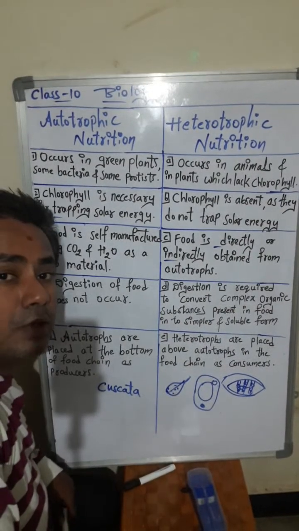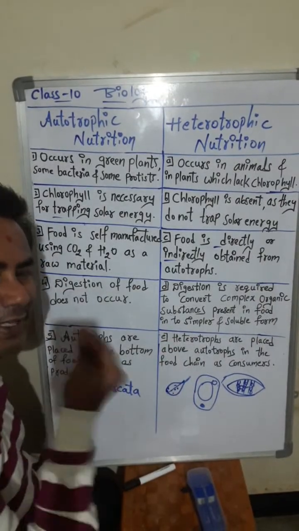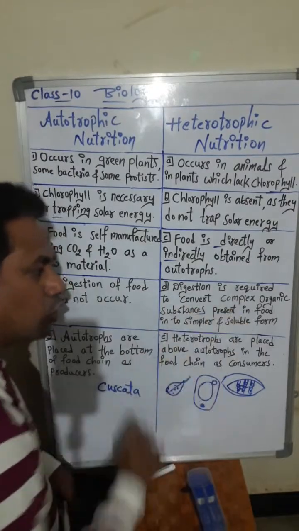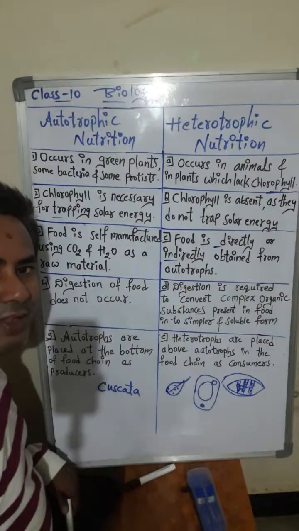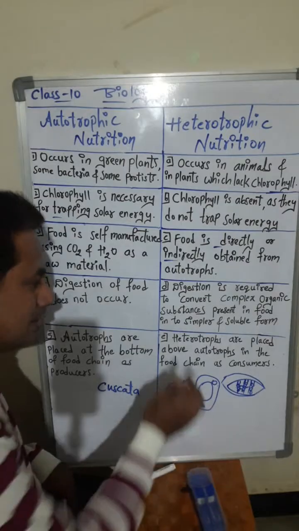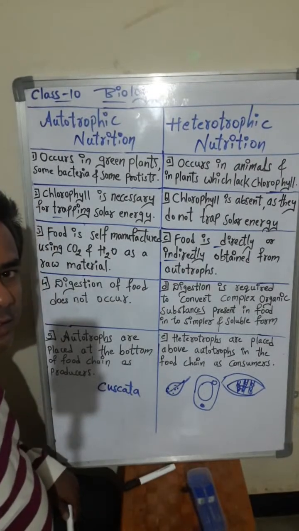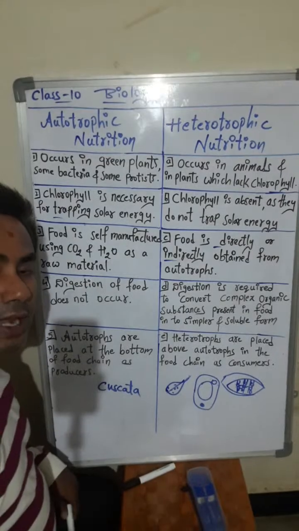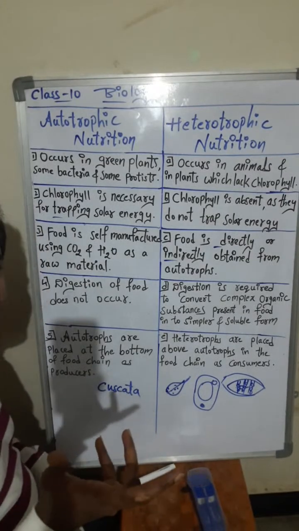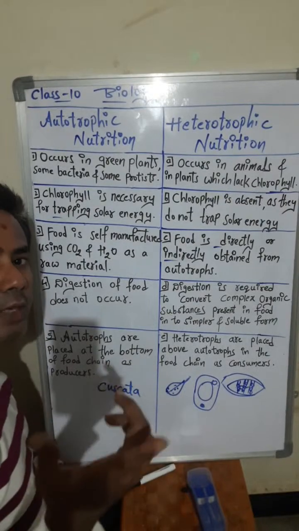In the human digestive system we have seen, we eat very complex organic substances. Chapati we eat, rice we eat, roti we eat, burger, pizza. That is complex organic substance. When it goes inside our mouth, it will break down, and when it goes to the stomach, again it will break down. In the intestine, complete digestion will take place, and it is in soluble form.